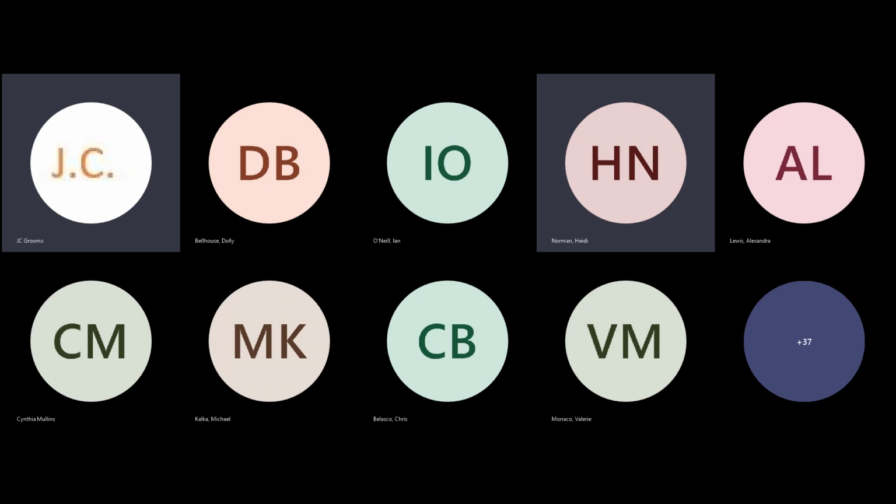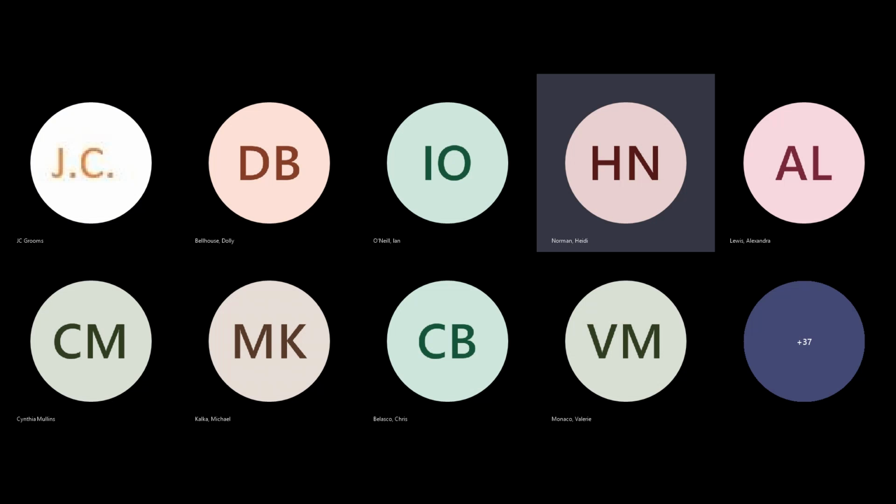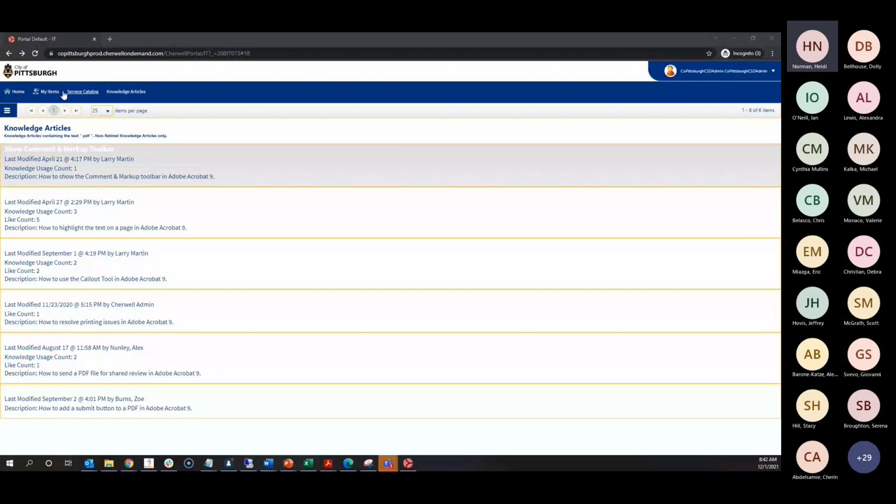I'm so sorry, JC. When you say these 4 menu items right here, I didn't see you pointing to anything. Which 4 menu items are you referring to? Oh, I see. Okay. The home, my items, service catalog, and knowledge articles. Got it. Thank you. I apologize if I may have circled them. I may have not pointed to them, so my apologies.